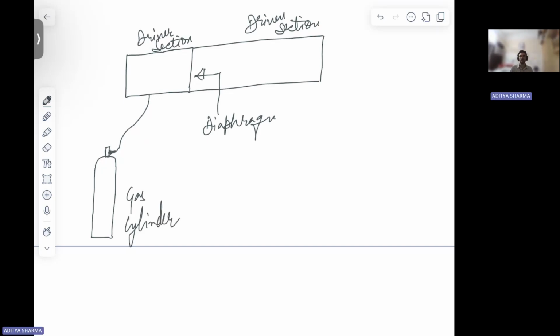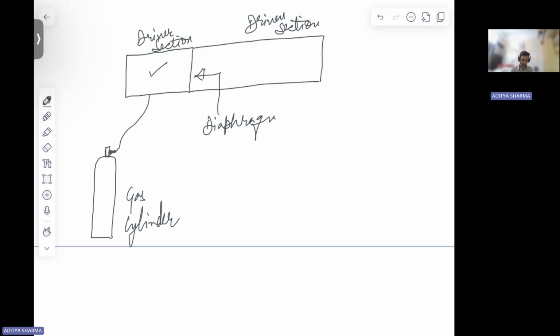Two gases we use, one is helium, one is nitrogen. These are two hollow tubes, right? The driver section is pressurized with this gas.